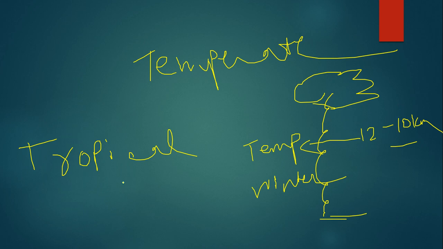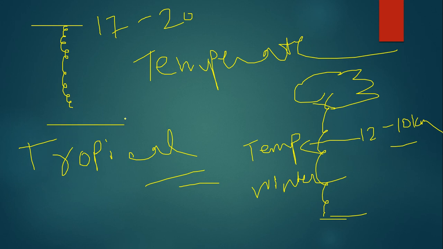So the cloud may automatically touch the ground surface because of the smaller distance of the tropopause from the ground surface. In the case of the tropical belt, what happens? The height of the tropopause remains 17 to 20 kilometers from the ground surface. So it becomes very difficult for the cloud to touch the ground surface by making a spiral because of this greater elevation difference between the ground and the tropopause.